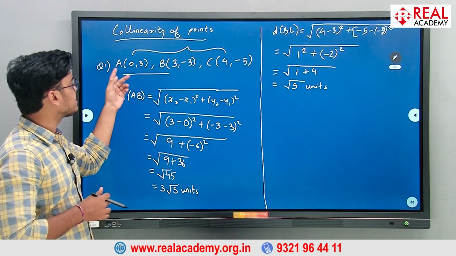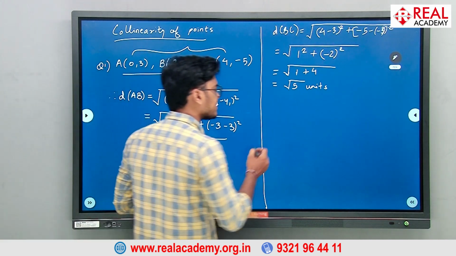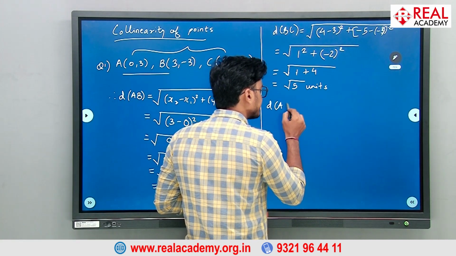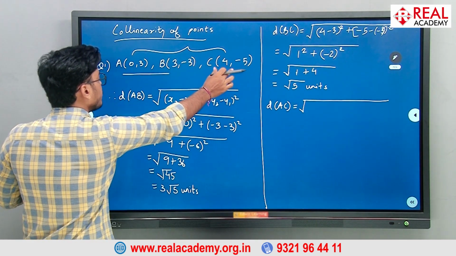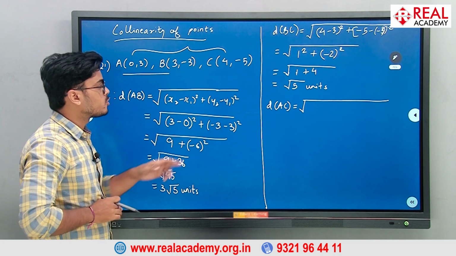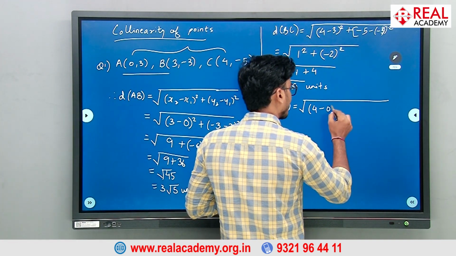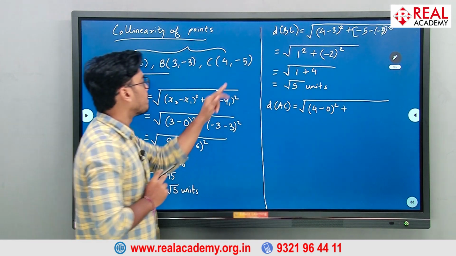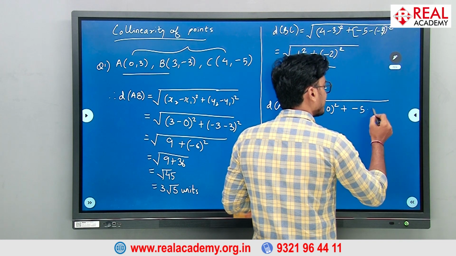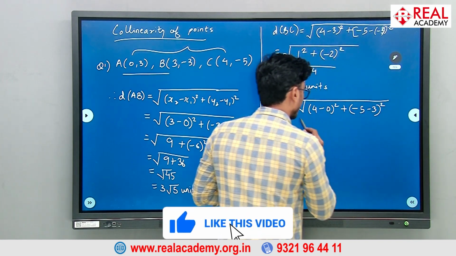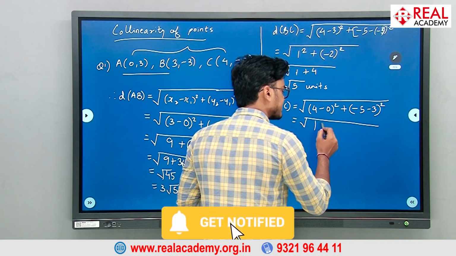Finally, let us check the distance between A and C. Again, use the same formula. This is x2 y2, this is x1 y1. So (4 minus 0) the whole square plus (minus 5 minus 3) the whole square. 4 minus 0 is 4. 4 square is 16.